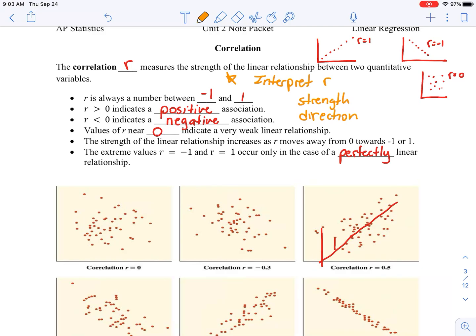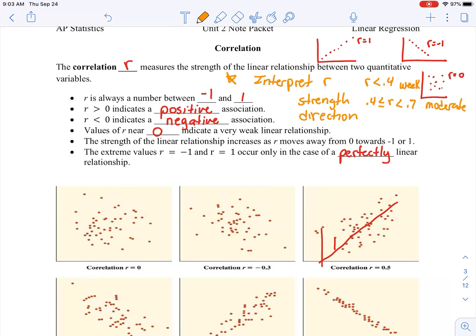Now, what about strength? When R is less than 0.4, we're going to call that weak. When R is between 0.4 and 0.7, we're going to consider this moderate.